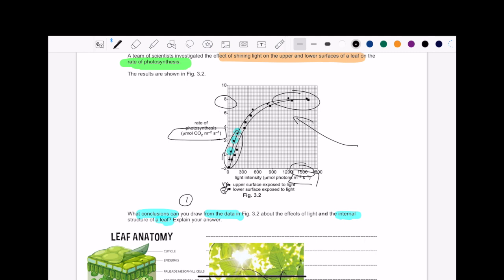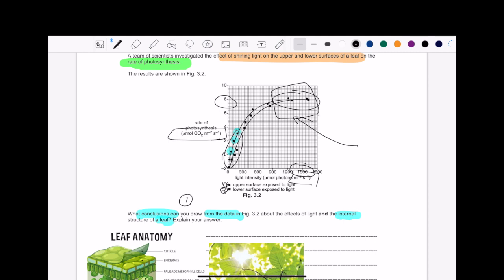So here, one can say that at higher light intensities, aka this region, carbon dioxide concentration is a limiting factor. That can explain why the graph looks like that. Okay, it's not going to be light intensity because we have it on the graph, so it's going to be carbon dioxide. Okay, that's 4 marks.